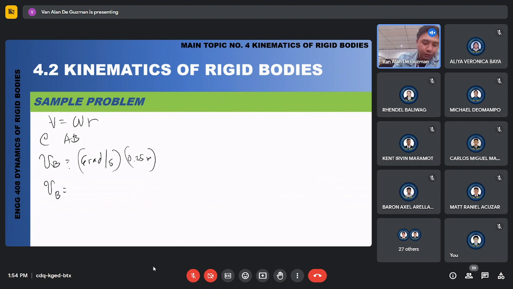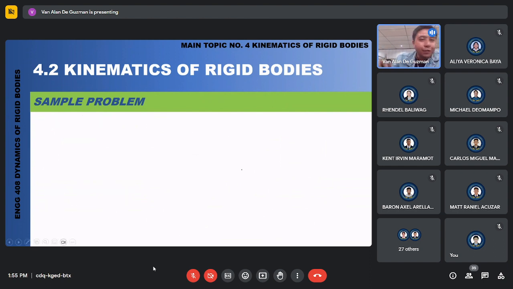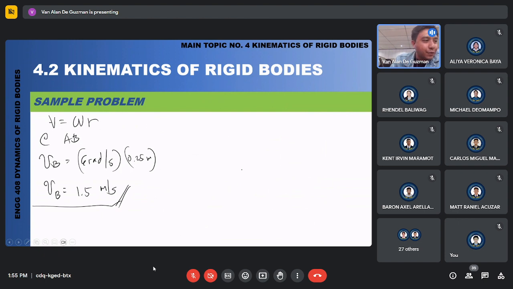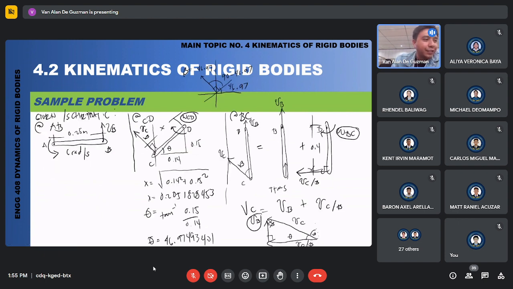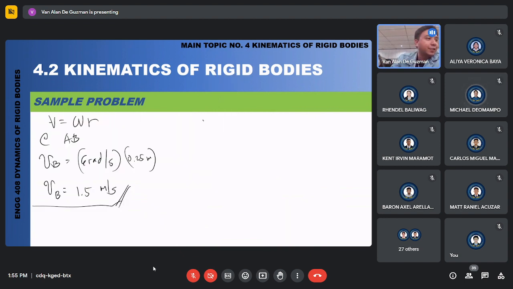So 6 times 0.25, that is 1.5 meter per second. So meron na tayong linear velocity natin. Meron na tayo ngayong value ito. Check na tayo dito. We can solve for the two values nito via triangle lang natin. Okay? Okay po. Sige. Let's continue.